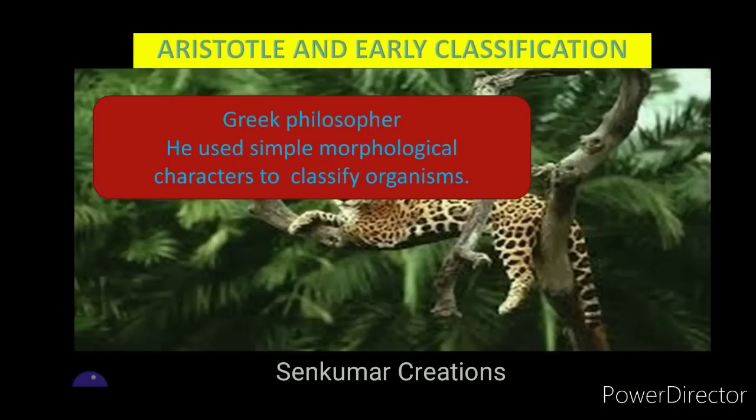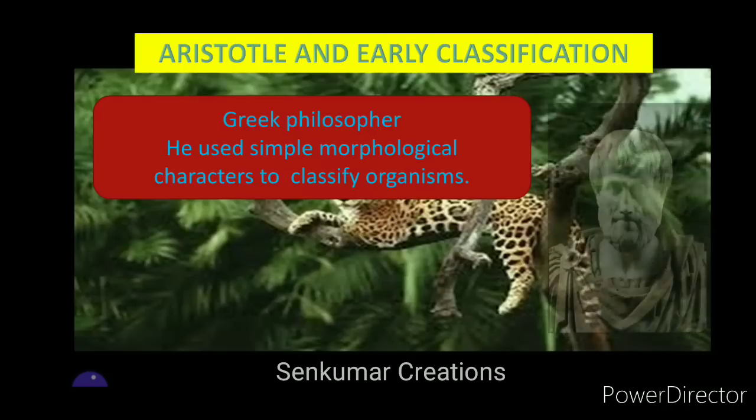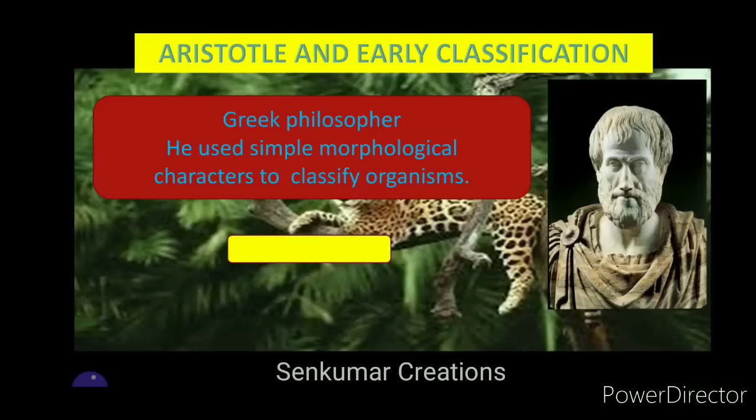Let us see Aristotle's classification. We can start classifying organisms according to different scientists. The very first scientist is Aristotle, who first made a classification, and it was on a simple basis. Aristotle was a Greek philosopher, and he used simple morphological characters to classify organisms.